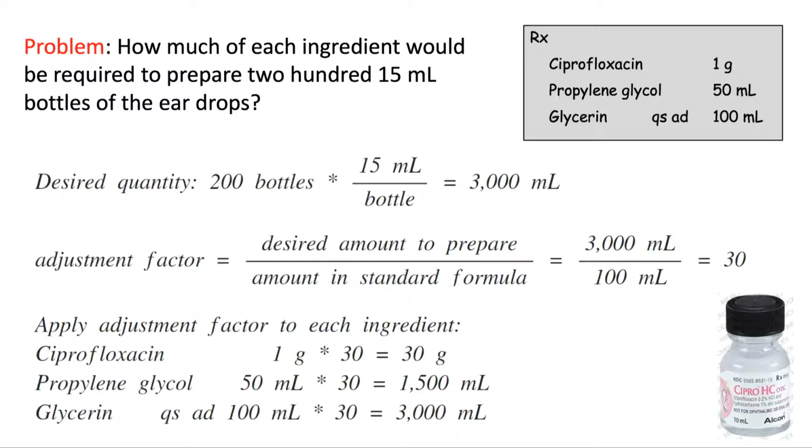Let's take that 100 milliliters times our adjustment factor, which was 30. 100 times 30 is 3,000, and carry the same units, milliliters. But it's very important here that you understand the QSAD still applies, meaning we are not going to use 3,000 milliliters of glycerin. We're going to add enough glycerin so that the total volume is 3,000 milliliters, not just 3,000 milliliters of glycerin.